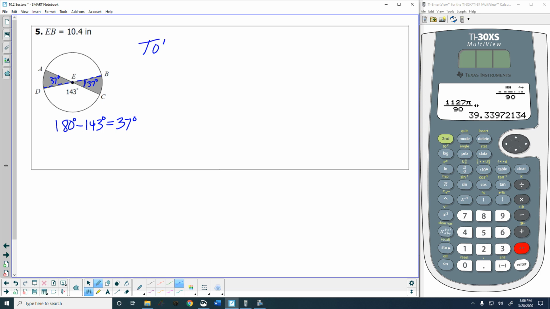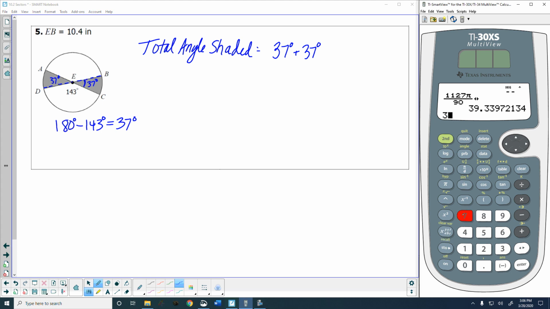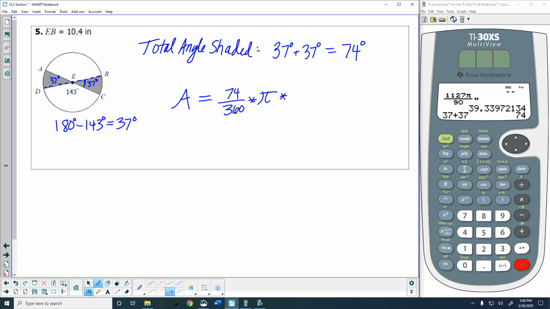So the total angle shaded is going to be 37 plus another 37, or 37 times 2. So that's 74. So our area of our shaded portion is going to be 74 over 360 times pi times, and let's see, what's our radius?